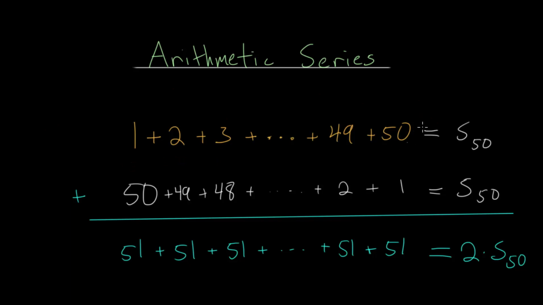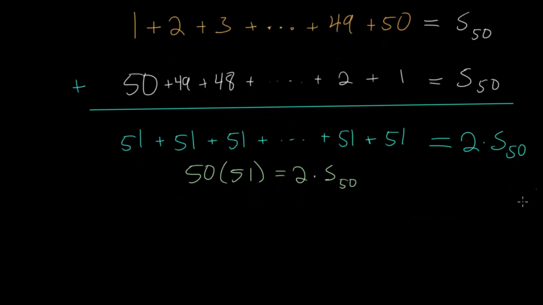This is the 50th term that we're adding up. So in reality, we're taking this 51 and we're adding it 50 times. And when you add something repeatedly, you're just multiplying. So this will simplify to 50 multiplied by 51 is equal to 2 multiplied by our original sum, this S sub 50.